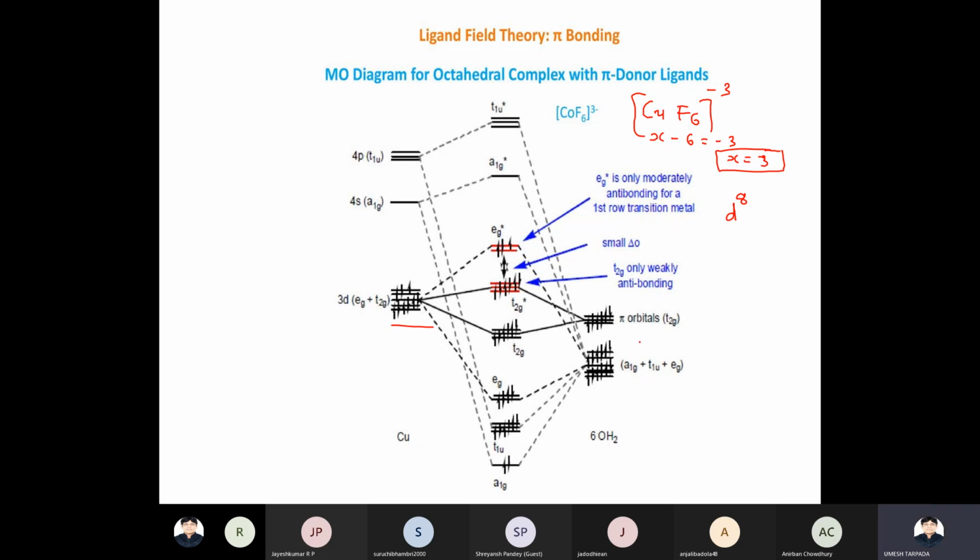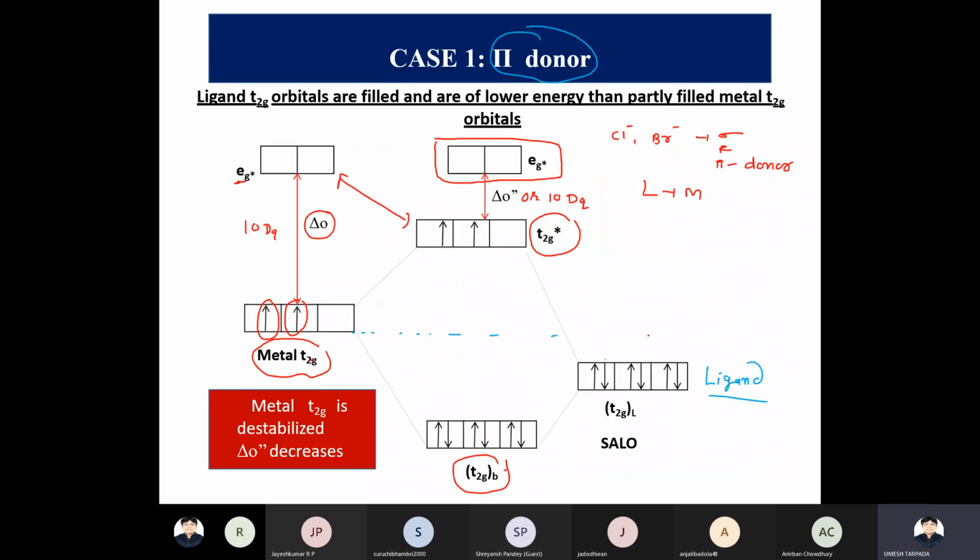So pi donor में से दोनों चीज आएगी. पाई डोनर के केस में आप देखो केस नंबर 1, इसमें दोनों चीज आएगी. पाई डोनर is not only pi donor but it is also sigma donor, सिग्मा डोनर भी है और पाई डोनर भी है.